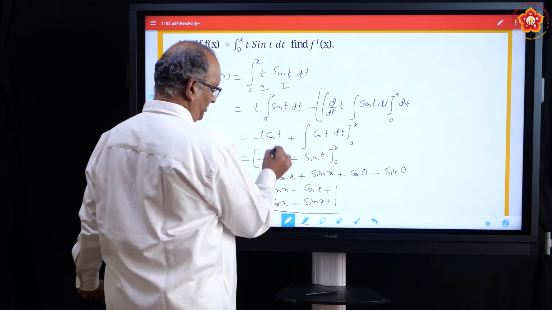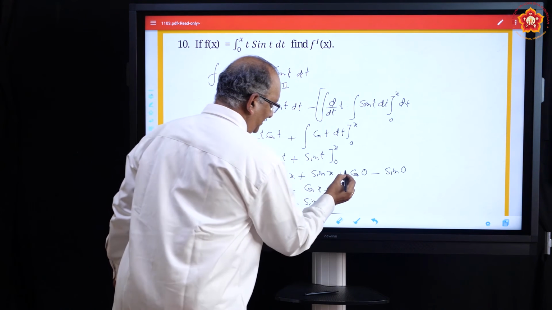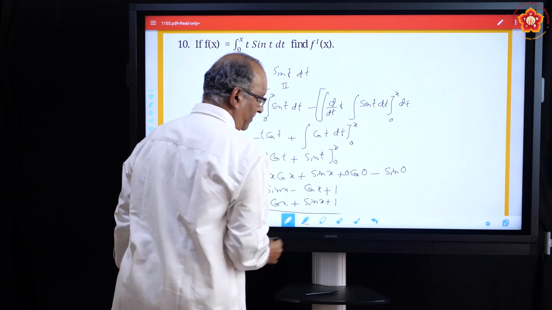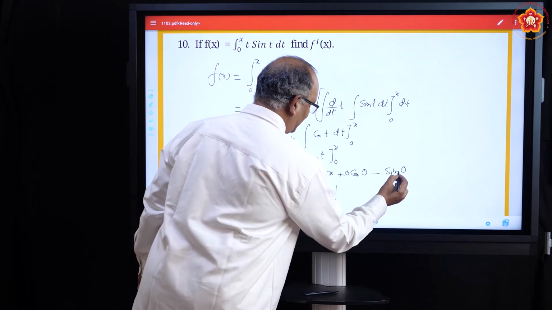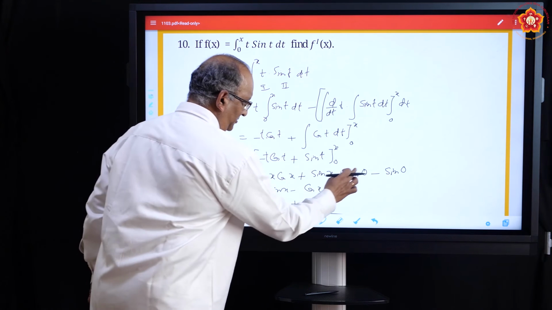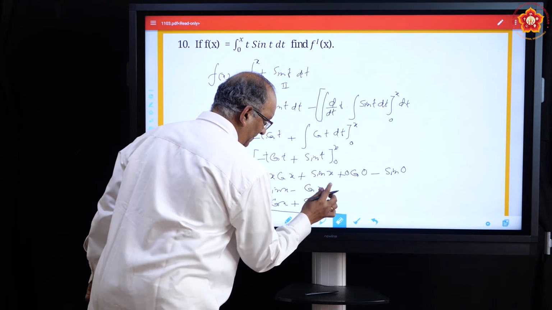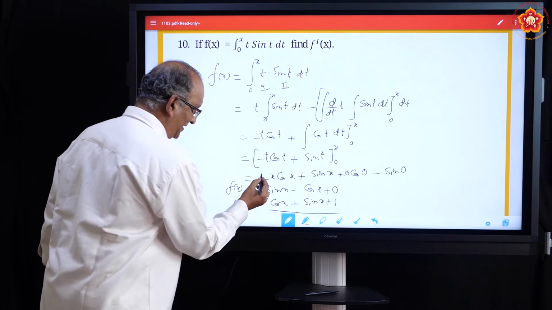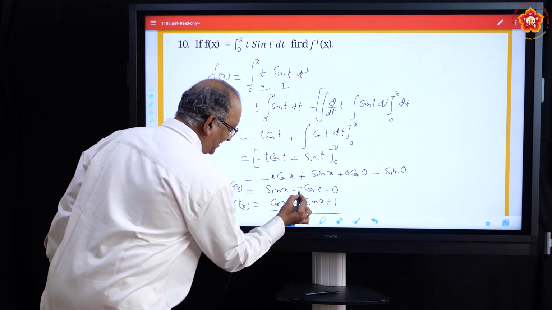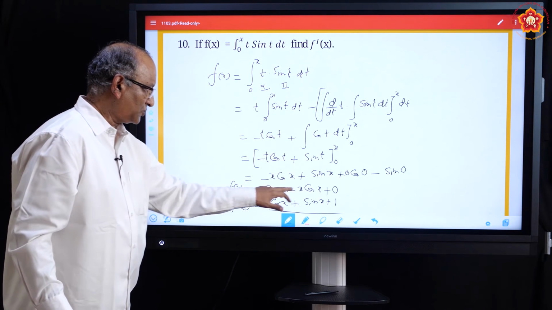When we substitute 0 in place of t, this will automatically become 0, that is sin 0 and 0 cos 0, the whole thing became 0. But here we have got x. So sin x minus x cos x.